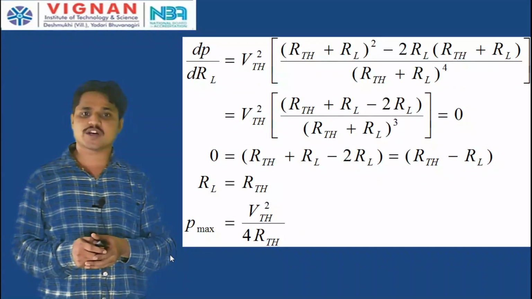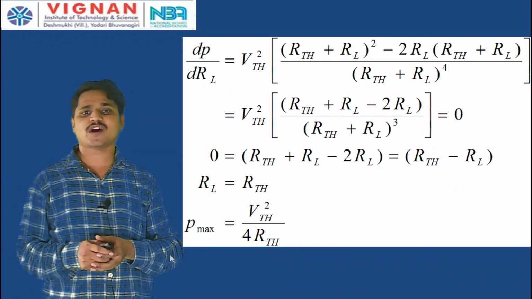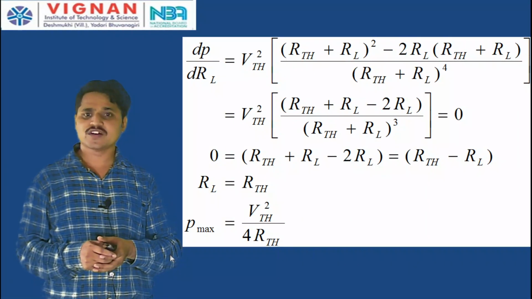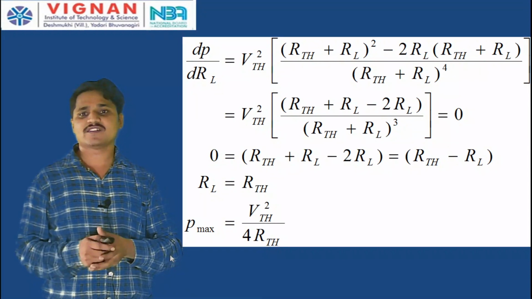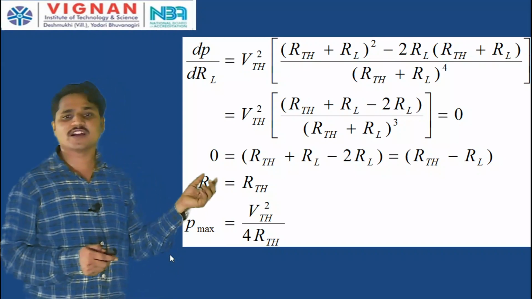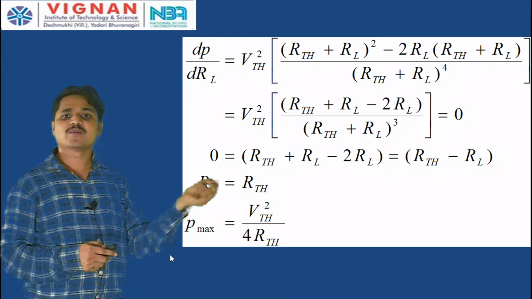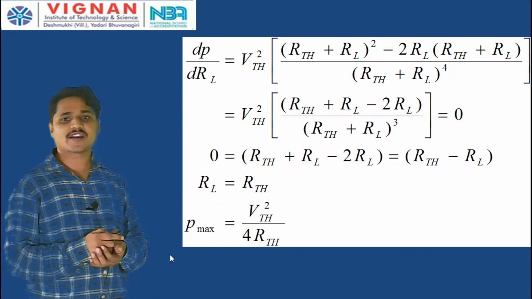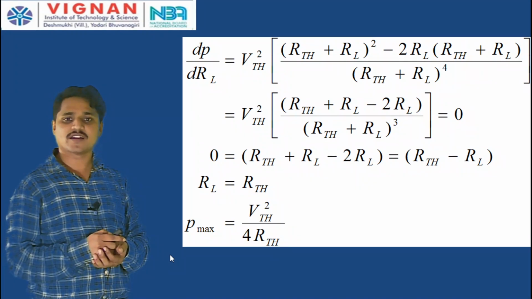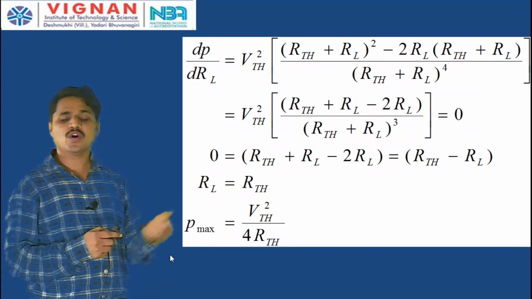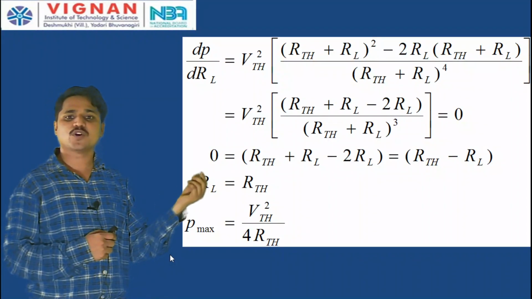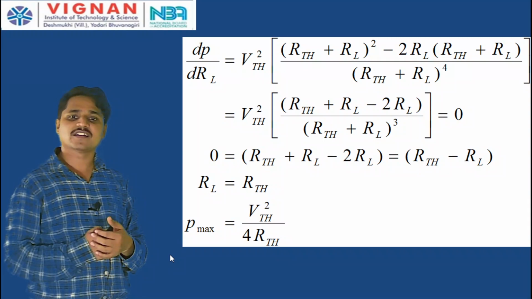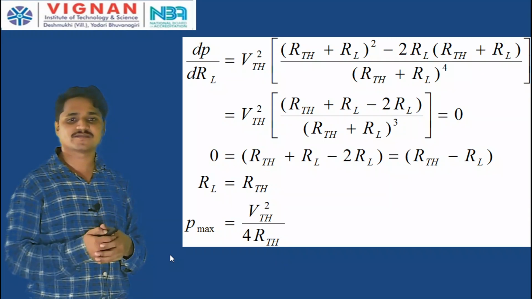So, R Thevenin square plus RL square plus 2 R Thevenin RL minus 2 R Thevenin RL, these cancel. You get R Thevenin plus RL minus 2 RL, so RL minus 2 RL is minus RL. Therefore, 0 is equal to R Thevenin minus RL, that is, RL is equal to R Thevenin.